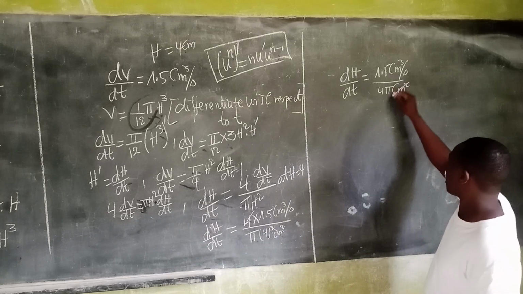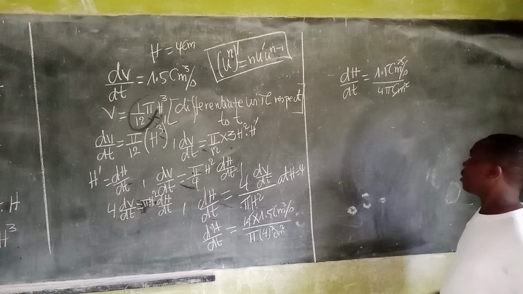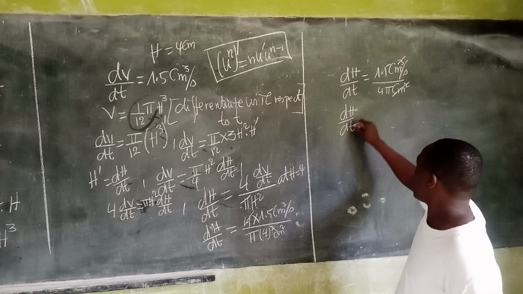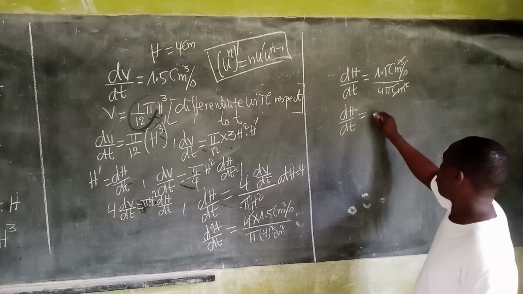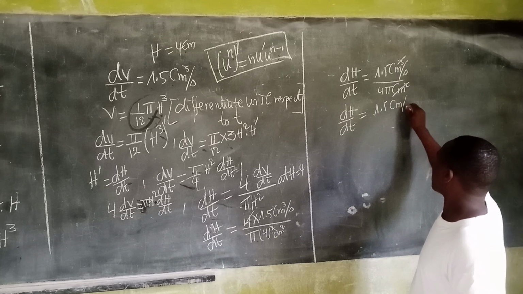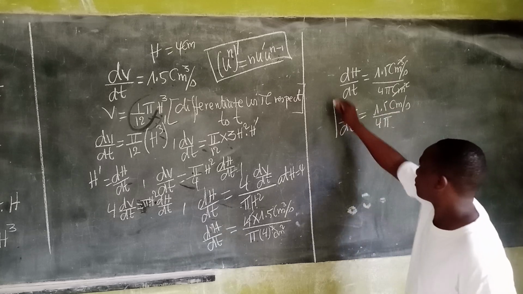Simplify this and this. Above we stay with 1.5. So dh/dt is equal to 1.5 centimeters per second over 4 pi.